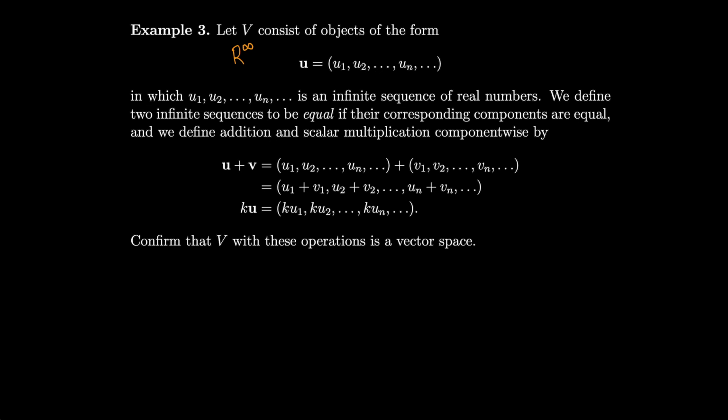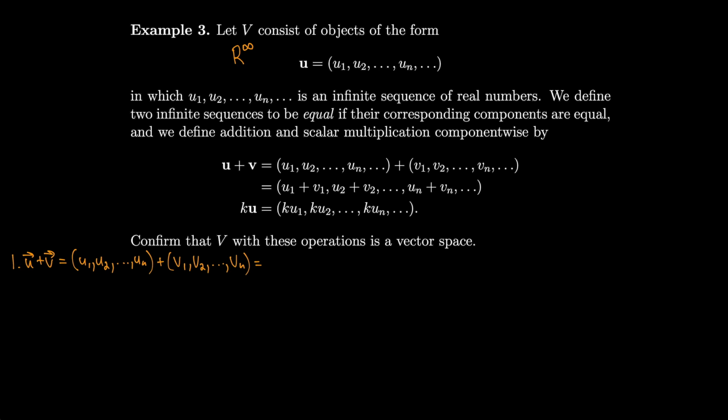So how about we check axiom number 1? To check axiom number 1, we need to check that the sum u plus v is actually going to be in R infinity. So let's write what u is. Well, u is (u1, u2, through un), and v is (v1, v2, through vn).